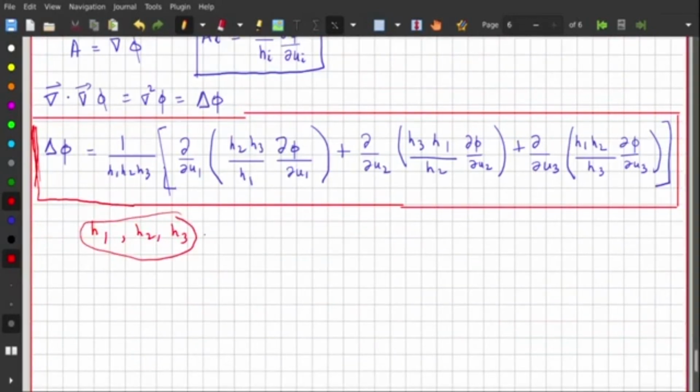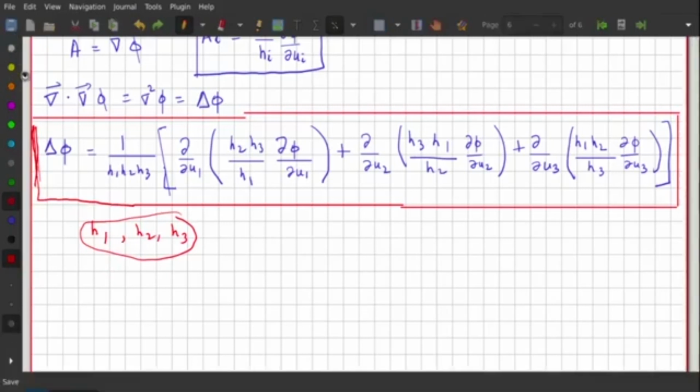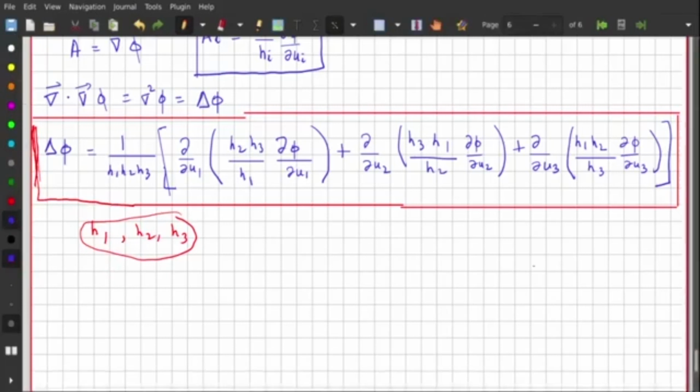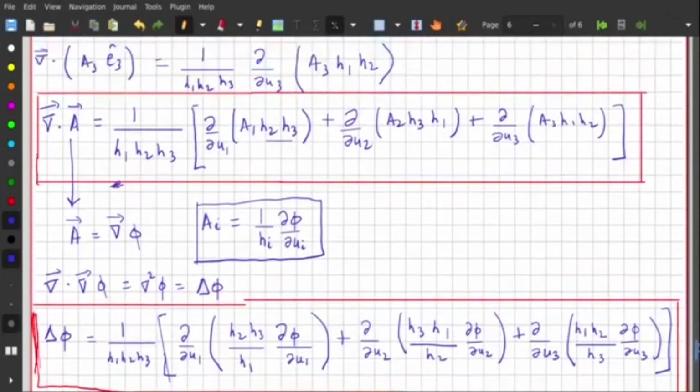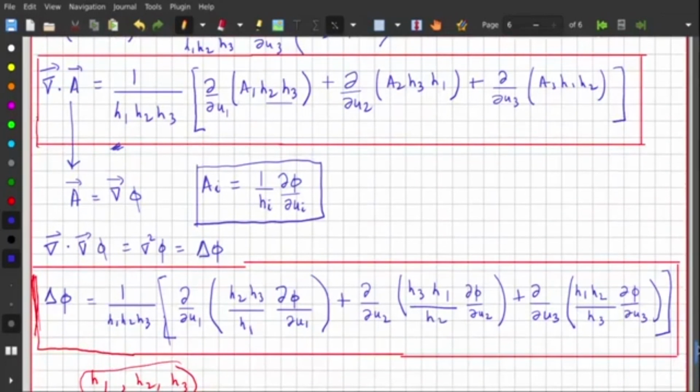That's the power of this method and the generalization we were trying to build. So we can write the divergence and the Laplacian in a specific coordinate system, and that's what we will do now.